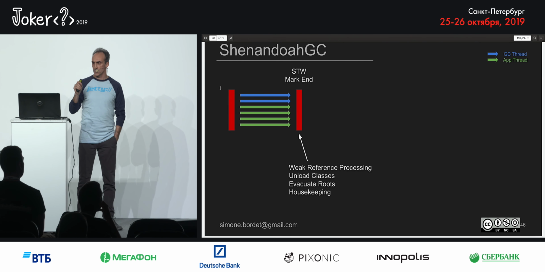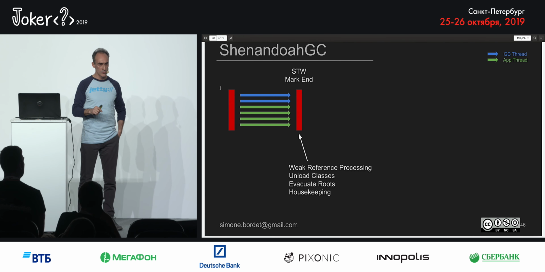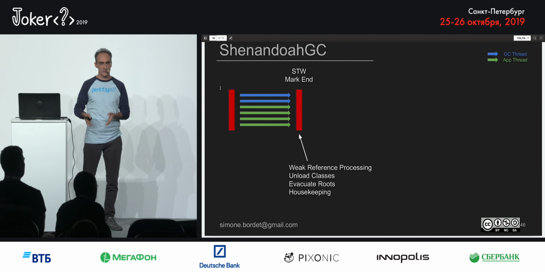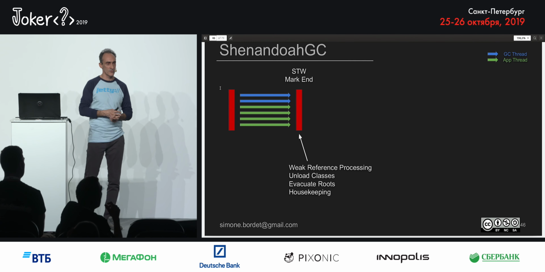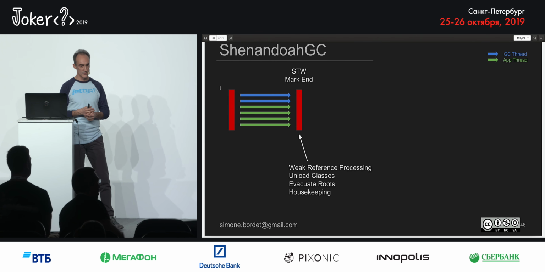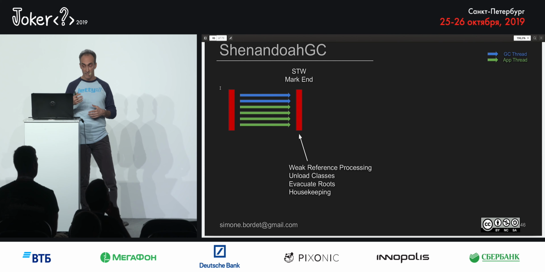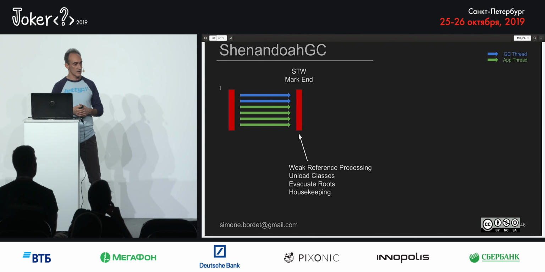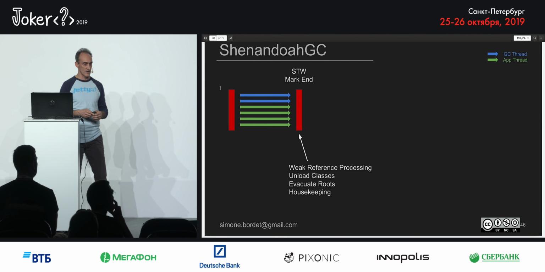But this is now done in a stop the world pause. So this pause is likely to be a little bit longer than the corresponding pause in ZGC. It does class unloading, which ZGC also does concurrently. It evacuates the roots, and then it does housekeeping to clean up and prepare internal data structures for the next phase.